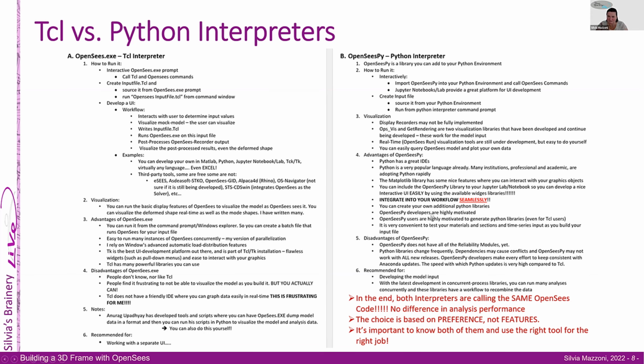Python, you can integrate a little bit better your visualization. Okay, most people that work with Tcl use Excel or MATLAB. Okay, you could do whatever you do in Excel and MATLAB in Tcl itself anyways. But plotting the graphics in Tk is a little bit of a pain. And so for me, from the user perspective, being able to visualize your workflow, visualize just your material response during your analysis, really tipped the scale for me to go to Python and OpenSeesPy.